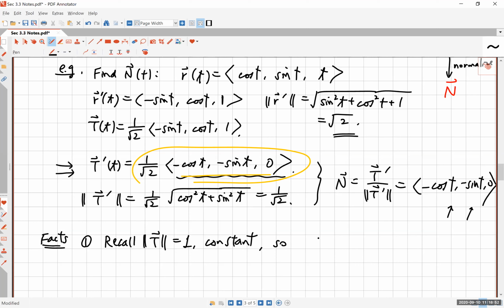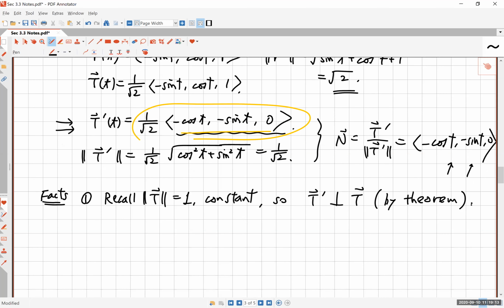So by the theorem that we learned last time, T prime is perpendicular to T. Since N is only the normalized version of T prime, N is of course parallel to T prime.